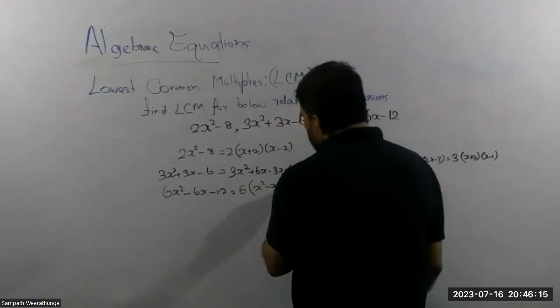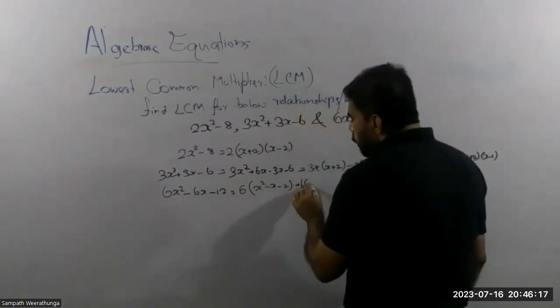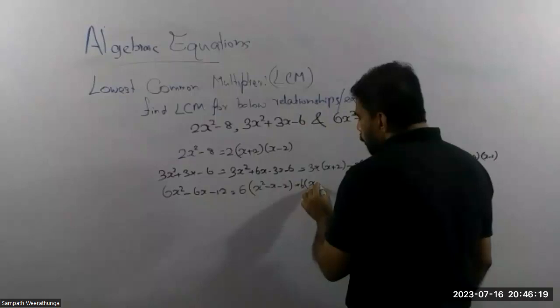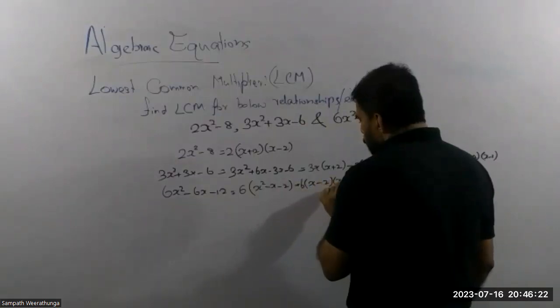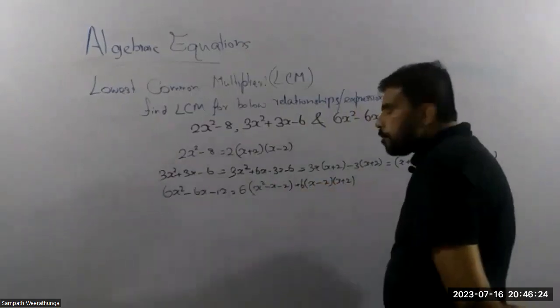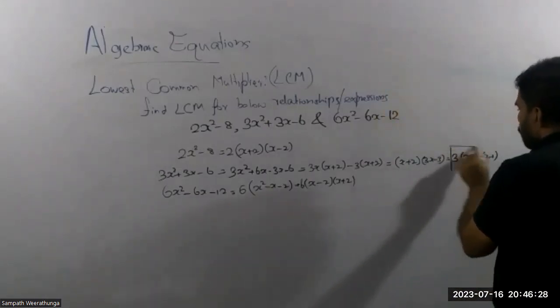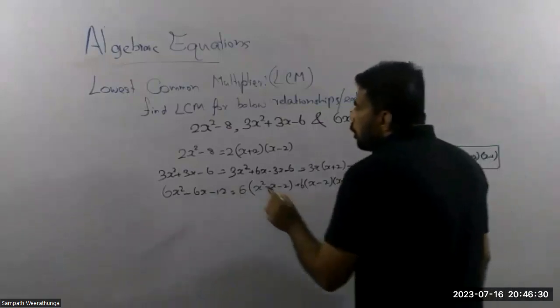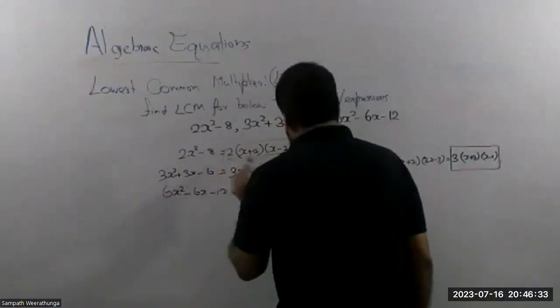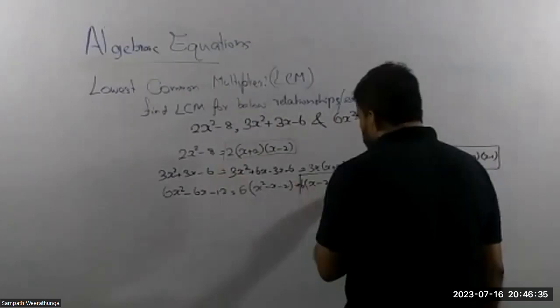Right. Then directly I can factorize: 6 (x minus 1)(x plus 2). All right. Then, okay, these are the factors of each of these expressions.